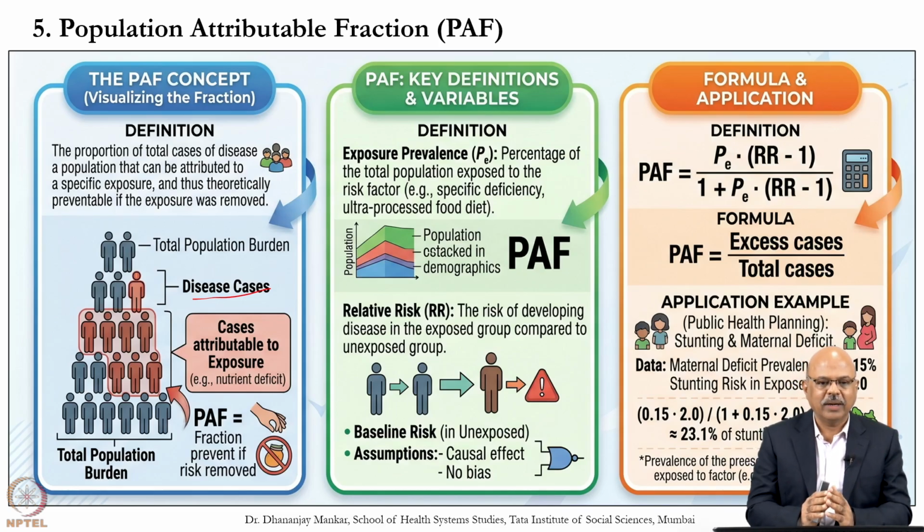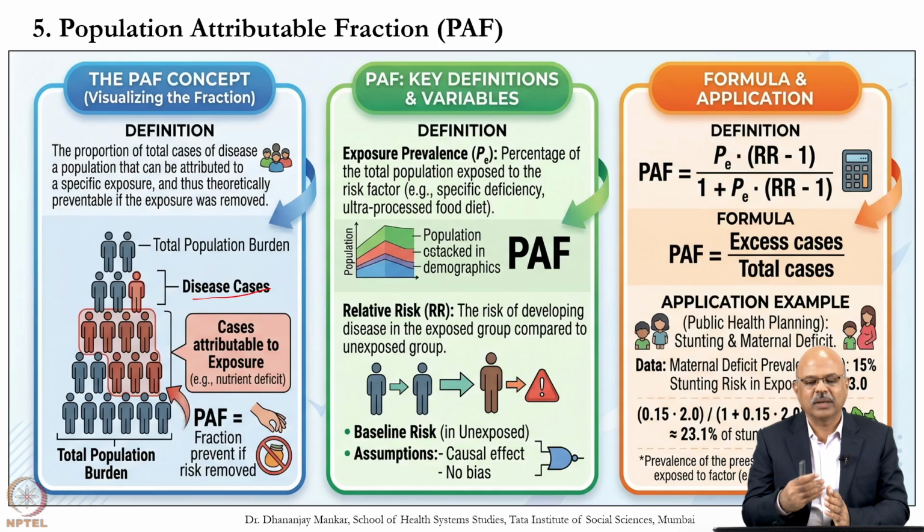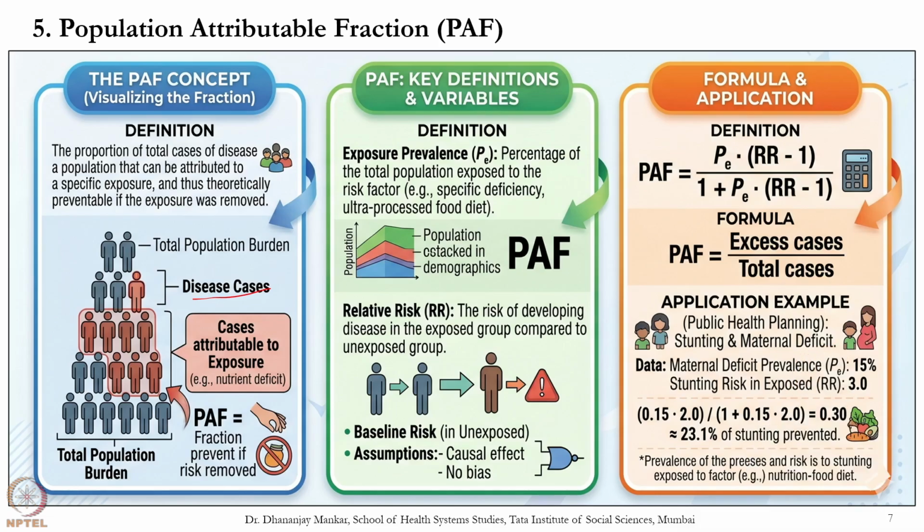So you can understand that the risk is very important to be stated over here for a group of a population, and it comes in the demographics. The risk of developing disease in the exposed group compared to the unexposed group. So it's like a baseline risk, and the assumption might be causal effect and no bias.